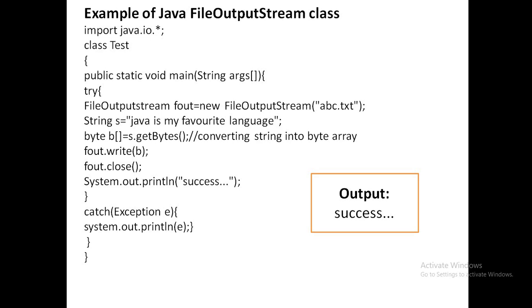So the data that is stored in the array is passed as argument to the write method, and hence in the file we have written the content. And finally we have a println statement. Once this has been properly executed, the println statement prints the term success.